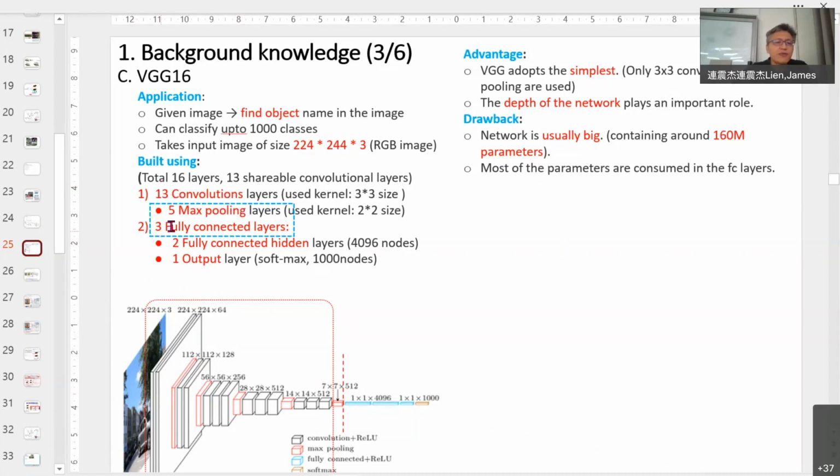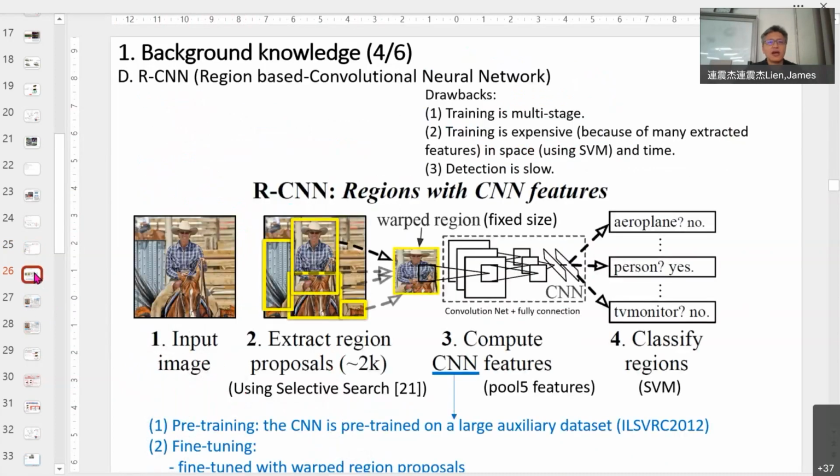And finally, there are fully connected layers. That's VGG. We talk a lot about it. And here we also talk about the RCNN from before.